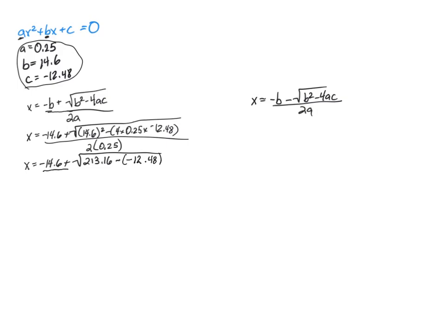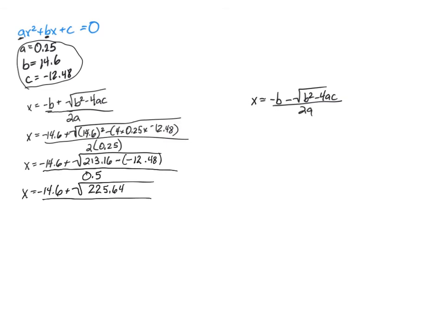And then on the bottom, we have 2 times 0.25, which is going to be equal to 0.5. So now x is equal to negative 14.6 plus the square root of 213.16 plus 12.48, since minus a negative becomes addition, positive.